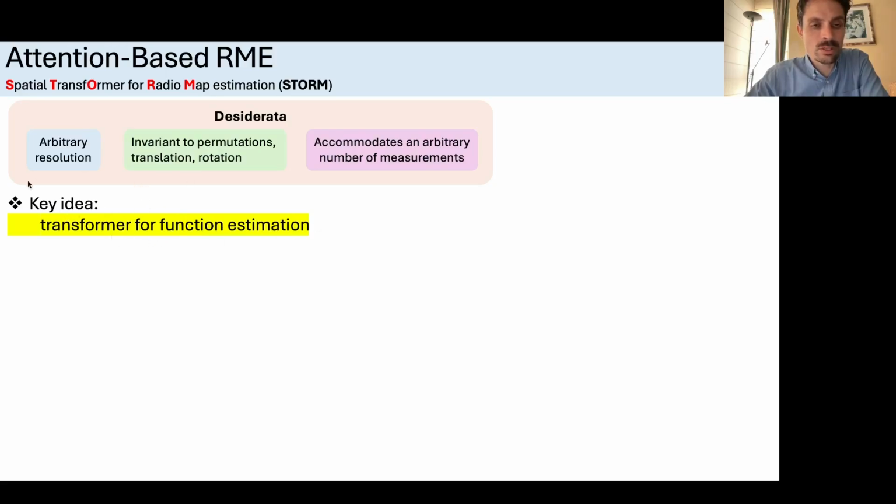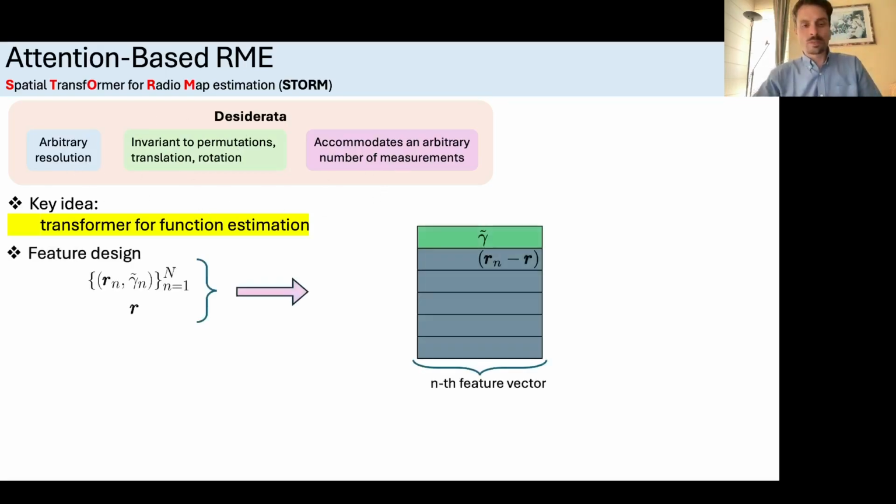By doing so, and by properly designing the input features, we will be able to satisfy these properties here. So let me explain what we do with each measurement.